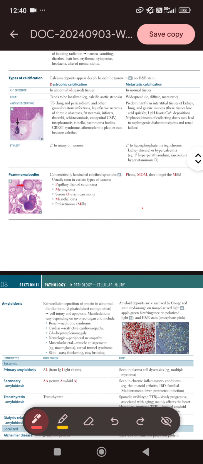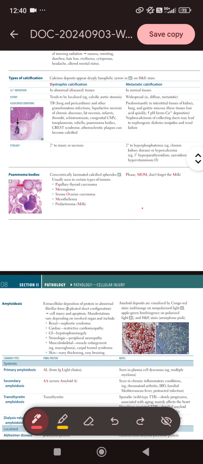In image A, we can see the purplish color, which is the color of basophils, on H and E, hematoxylin and eosin stain.